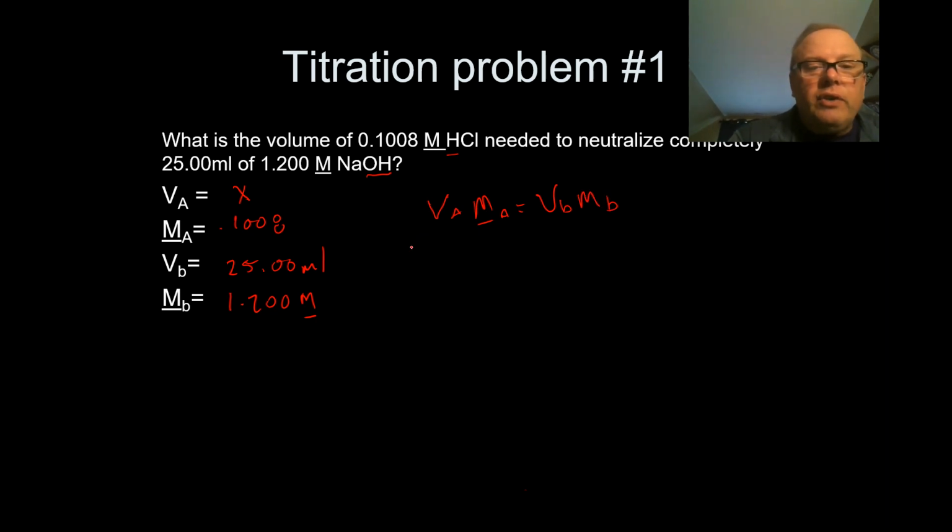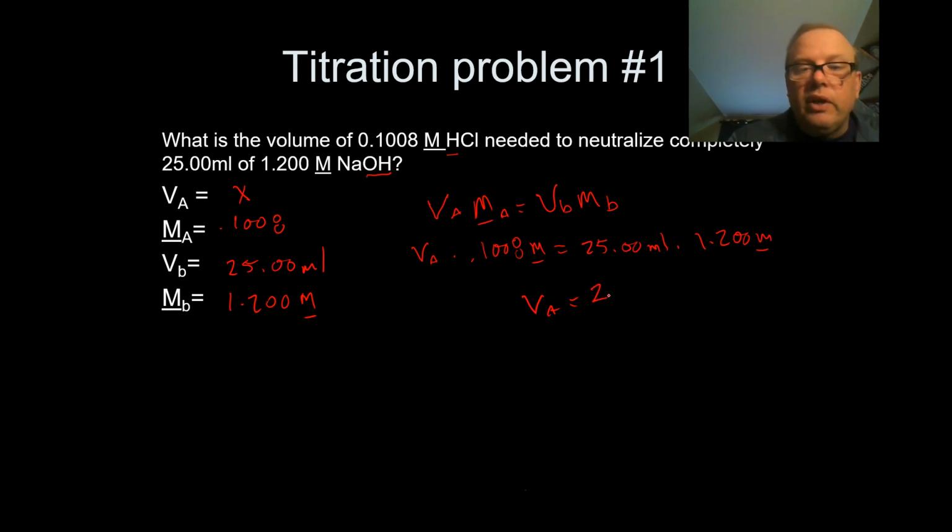And the volume of the acid is the unknown here, times the molarity of the hydrogens, or the molarity of the acid, which, because it's monoprotic, is 1.008 molarity, is equal to the volume of the base, 25.00 milliliters, times its molarity, which is 1.200 molarity. And I got a volume of the acid required here of 297.6 milliliters. Quite acceptable to leave that answer in milliliters.